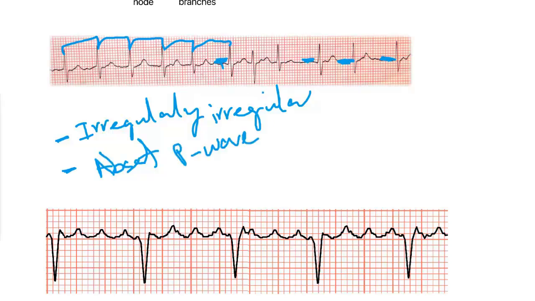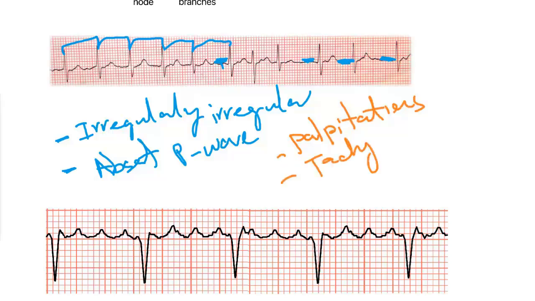And what are the clinical presentations of patients with atrial fibrillation? These patients will have palpitations, tachycardia, lightheadedness, and decreased exercise tolerance.